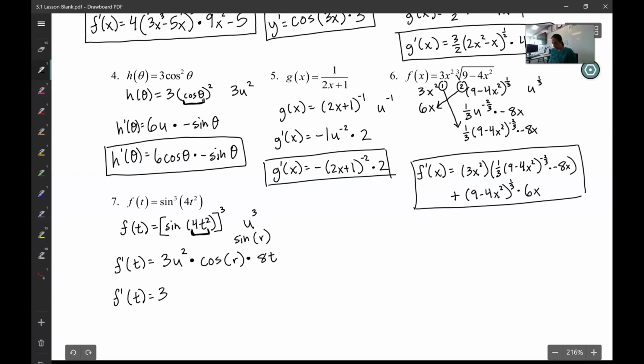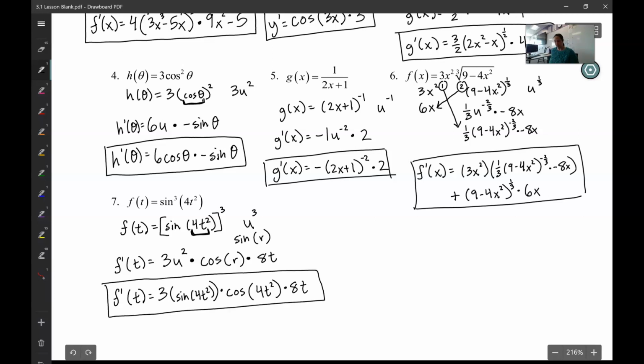So u was my sine of 4t squared. R was my 4t squared, and then my 8t. So we had 3 different layers of chain rule in that one.